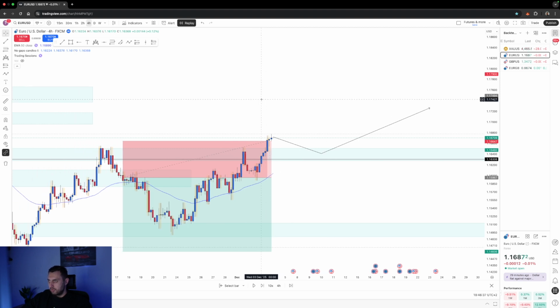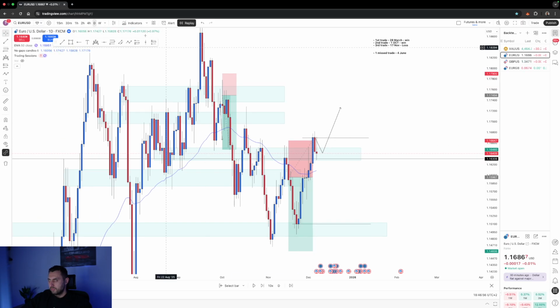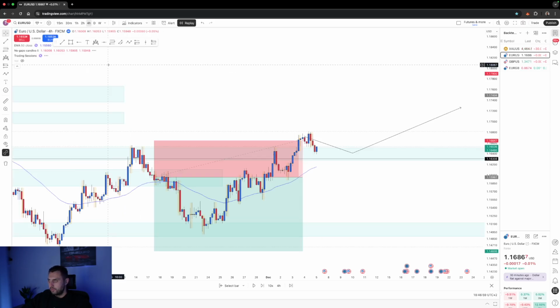Let's see on the 4 hour. 4 hour now shifted bearish. Let's see on the daily. It's 4 a.m. Let's see if the London session pushes down.